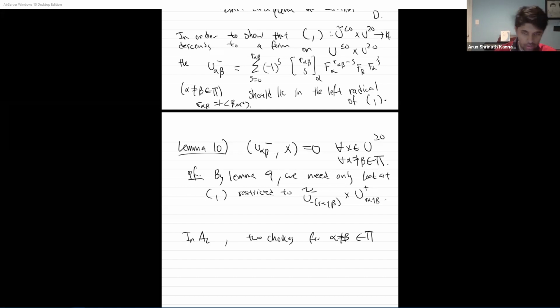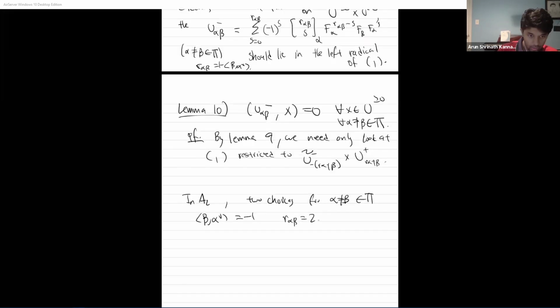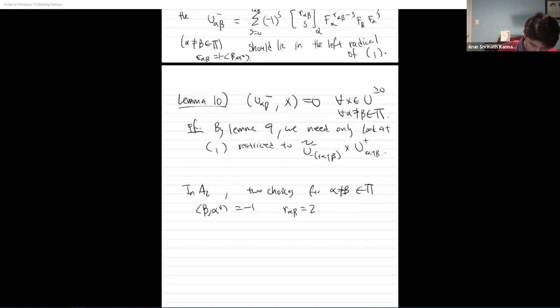So we pick one, and in A2 the co-root pairing will be -1, and so R alpha beta will equal 2, and so our element U alpha beta minus explicitly is 2 choose 0 alpha, F alpha squared F beta.